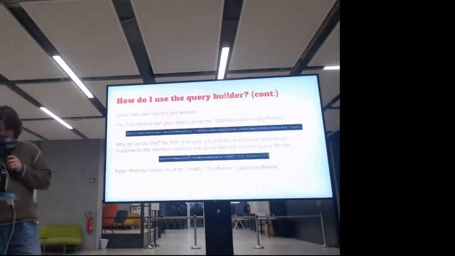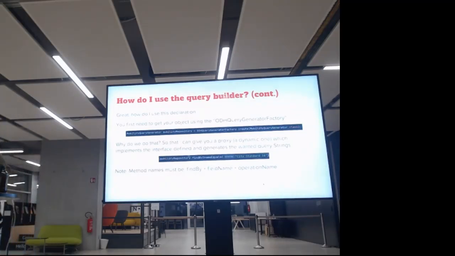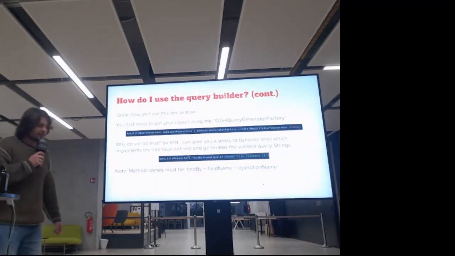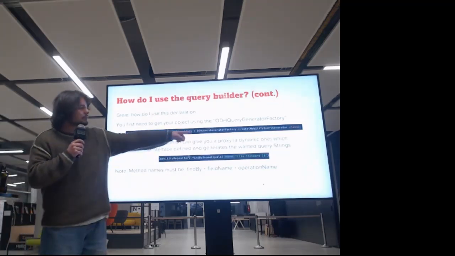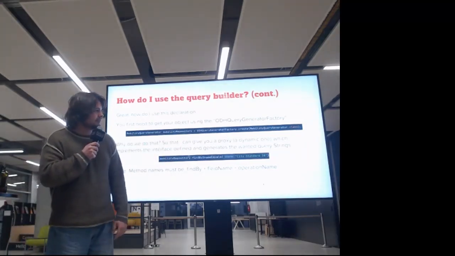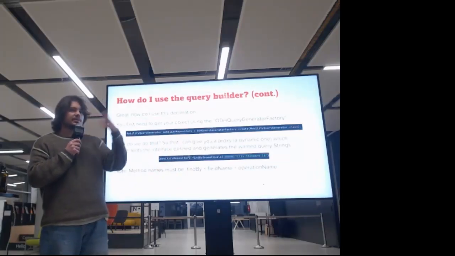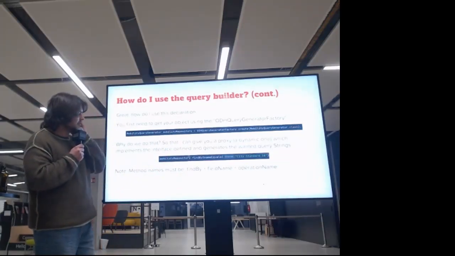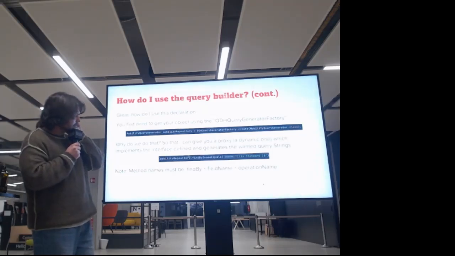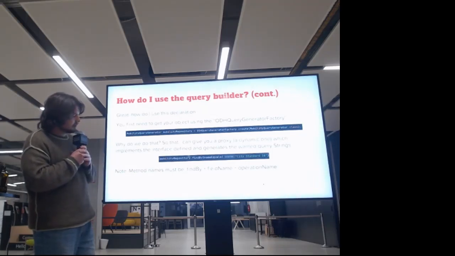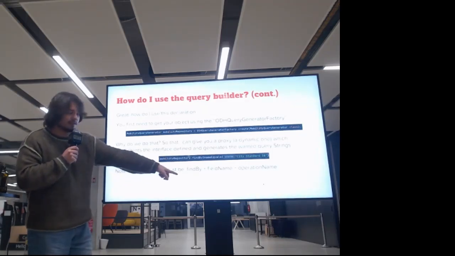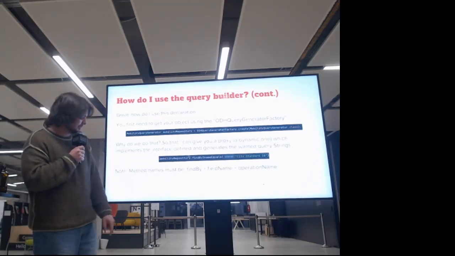Okay. So we need to extend the interface, and then using the factory, which is actually a dynamic proxy, get an object that can build the requests upon method invocation and create the string. It has some standards, unfortunately, that we need to follow.